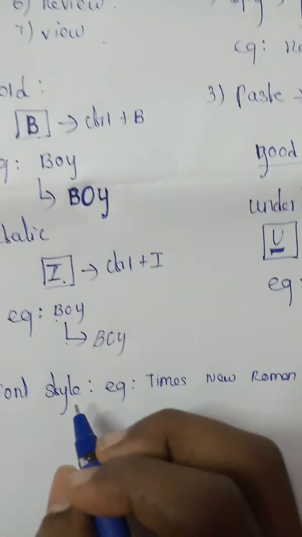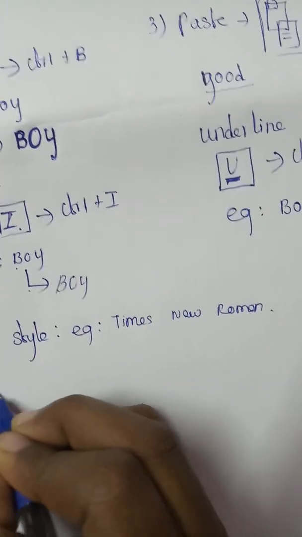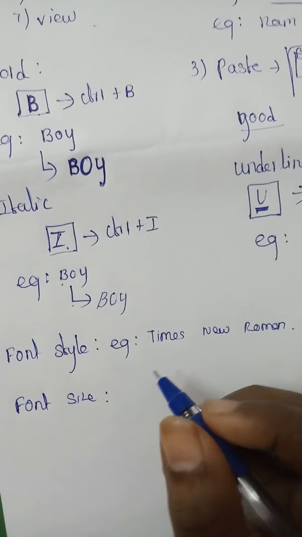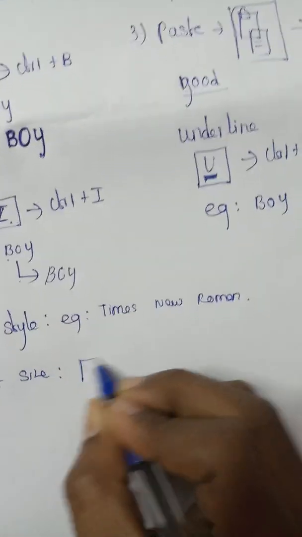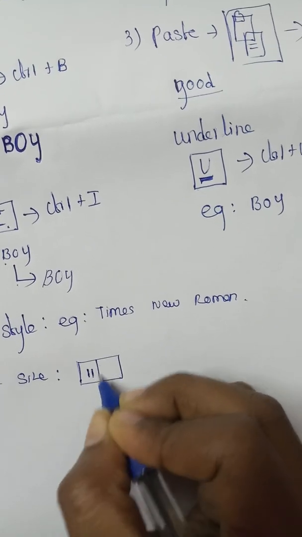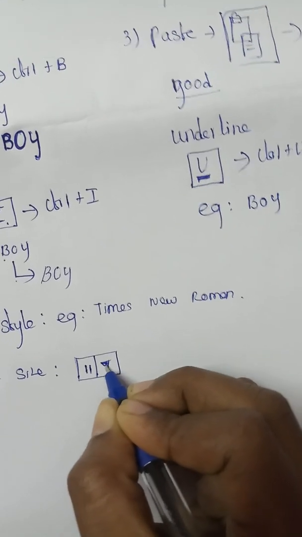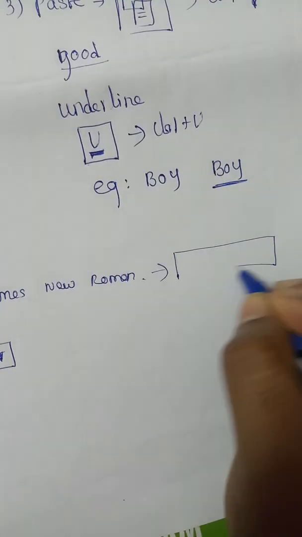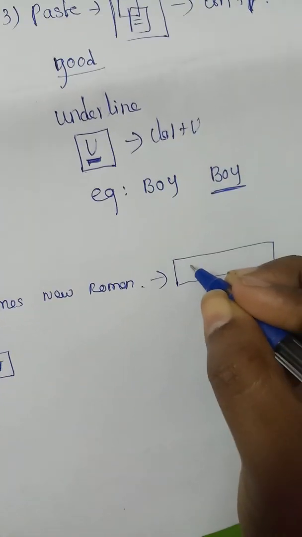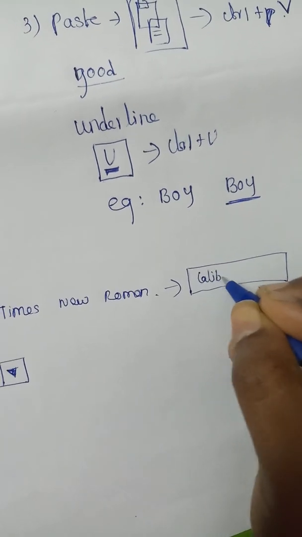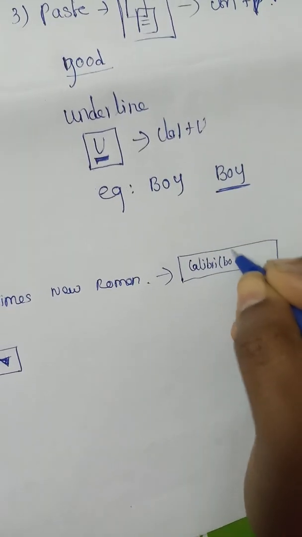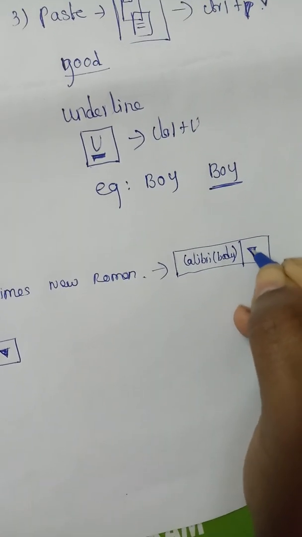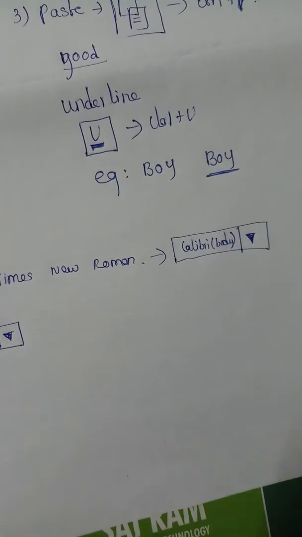Okay, and then the next one is font size. The icon for font size is next to font style, you can see the icon like this. Okay, when you click this drop down list box, then a sub list comes.